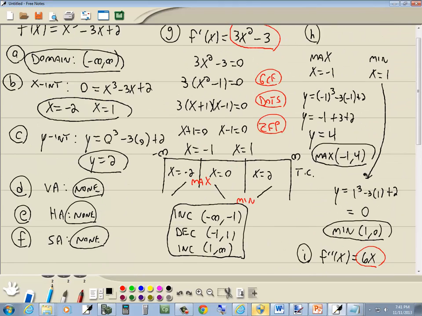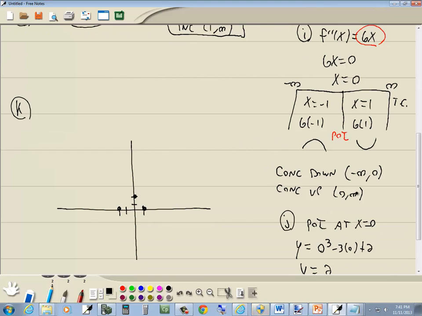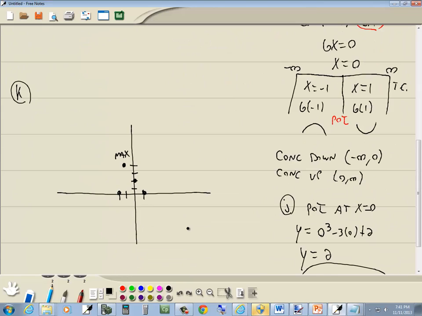Our max is at negative 1, 4. And our min is at 1, 0. So this would be our min.